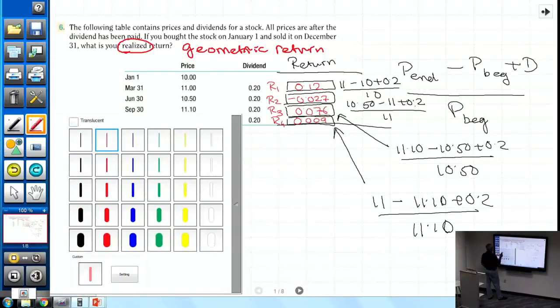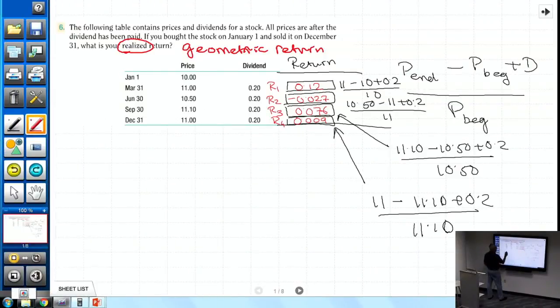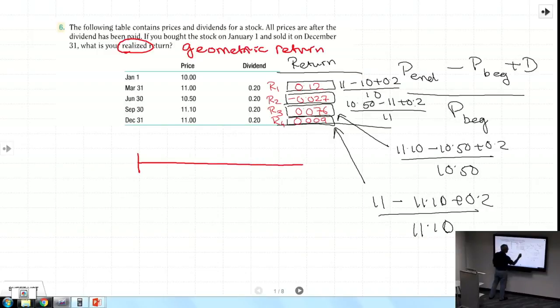So if you put this on a timeline, it would look like this. So 4 periods. So the return over the first period is 0.12. Return over the second period is negative 0.027.